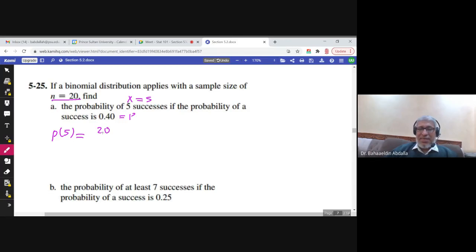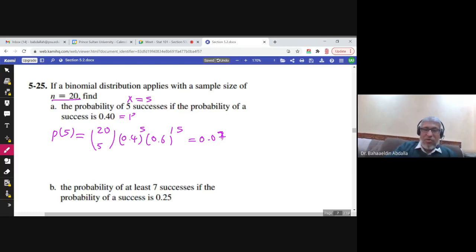It's nCx, which is 20C5, times P, probability of success, to the power 5, times 1 minus 0.4, which is 0.6, to the power 20 minus 5, which is 15. I can ask the calculator 20C5 times 0.4 to the power 5 times 0.6 to the power 15, and the answer would be 0.07. So this is the probability of 5.